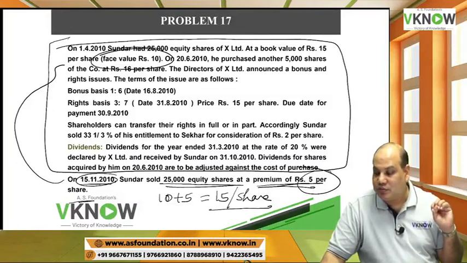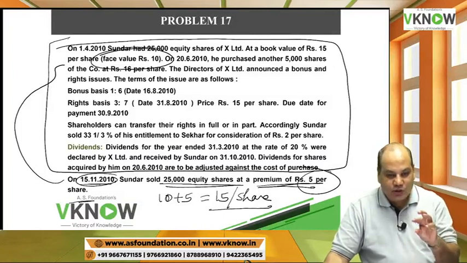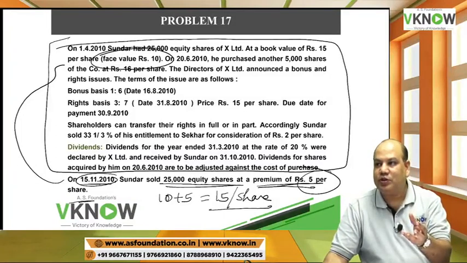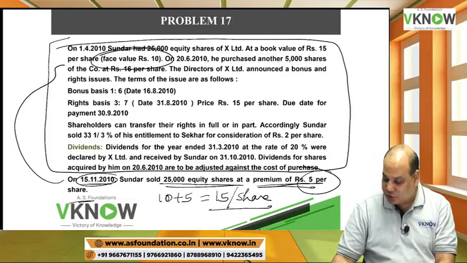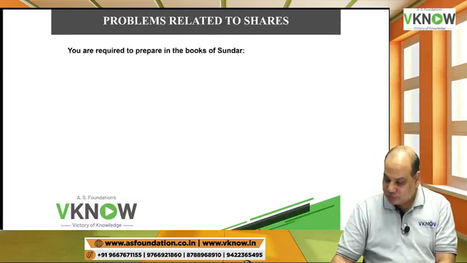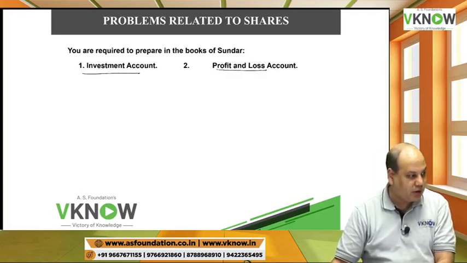We will take one question where the sale takes place between two purchases. Then my calculation will be done twice. That will happen in the next lecture. Prepare investment account and P&L account.